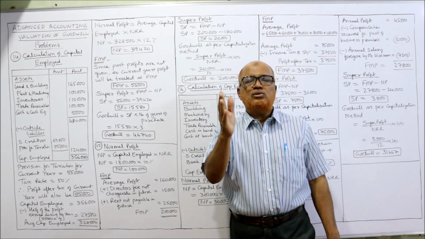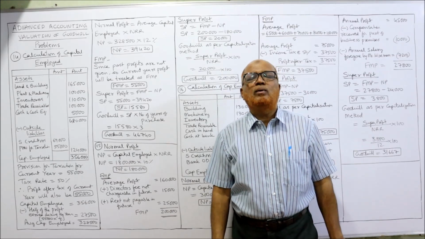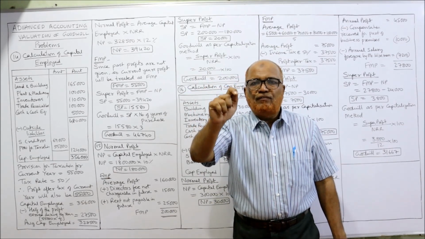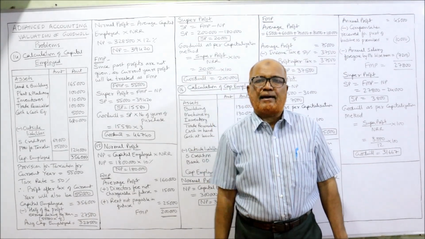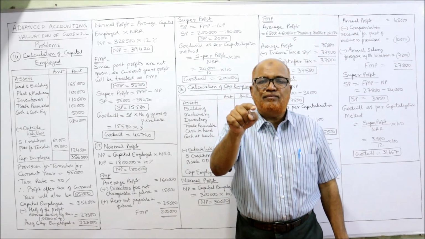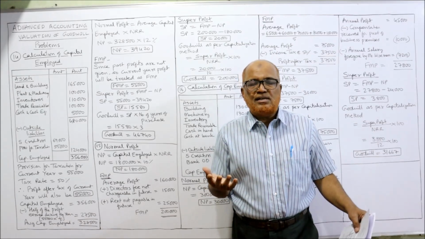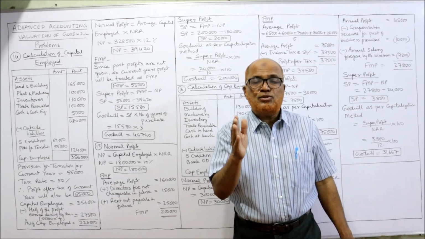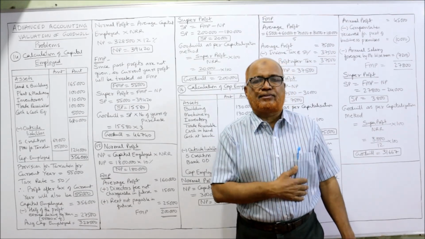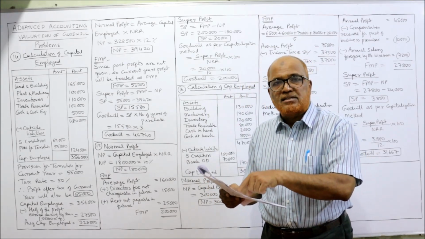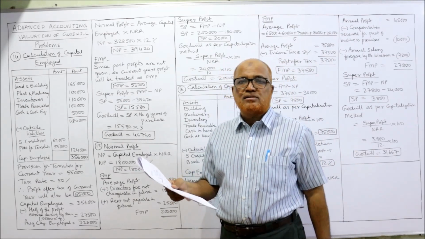So 1,10,000 into 50%, you will get 55,000. So out of 1,10,000, 55,000 is the provision for tax, and the remaining 55,000 is the profit after tax. So we can say current year's profit after tax is 55,000 because provision for tax is 55,000 and tax rate is 50%.